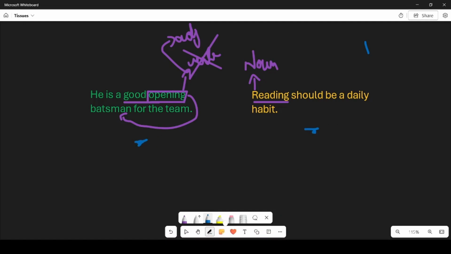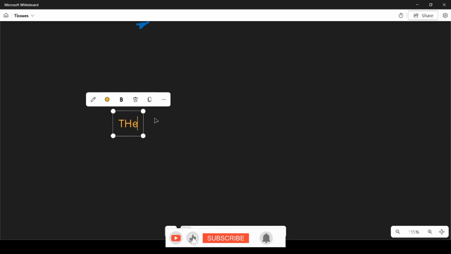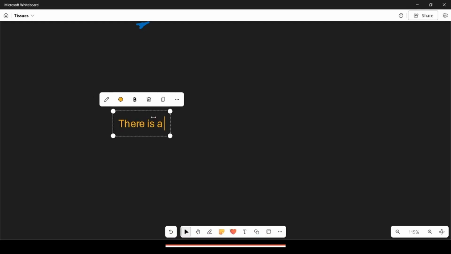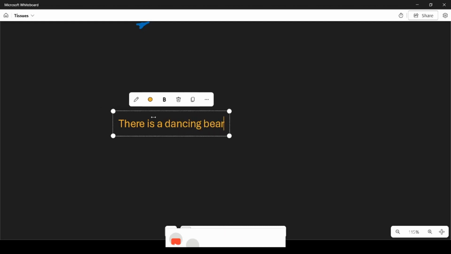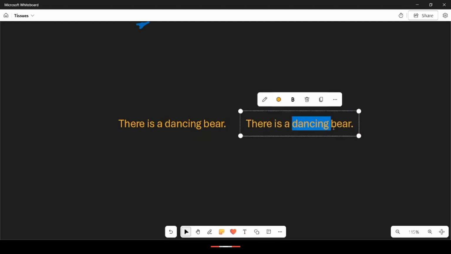Now, let's think of an example. Okay, let's say dancing bear. I'll change the color to yellow and say there is a dancing bear. And now I'm going to make another sentence.